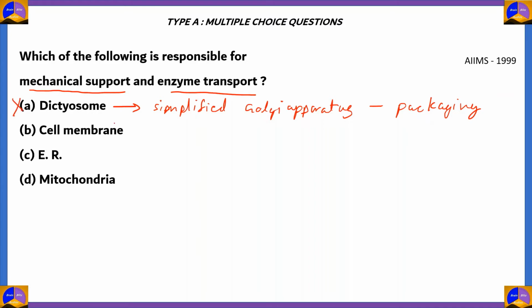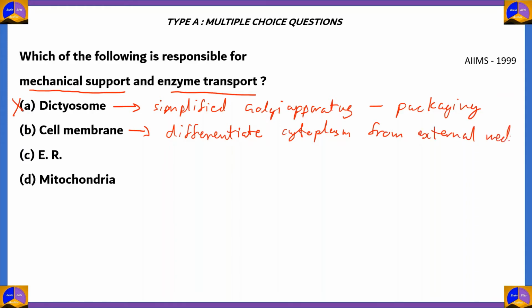Option A is incorrect. Option B, cell membrane. Its job is to differentiate cytoplasm from external media. So option B is incorrect.